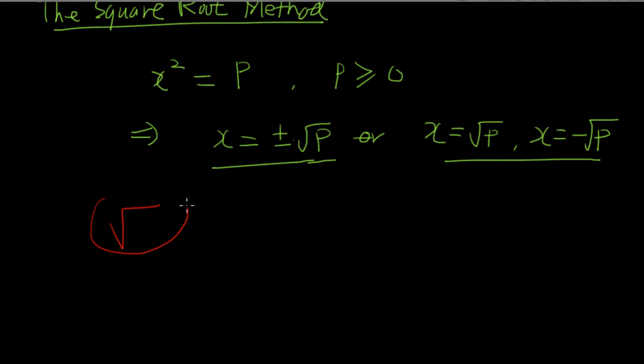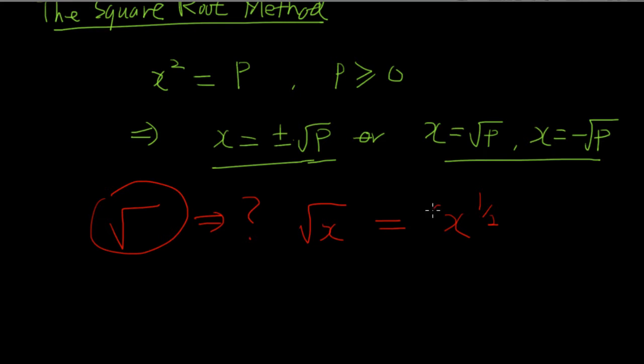It looks a bit unusual and complicated in some sense. What does this square root actually mean? Well, square root is actually the same thing as a half power. That's all that is.